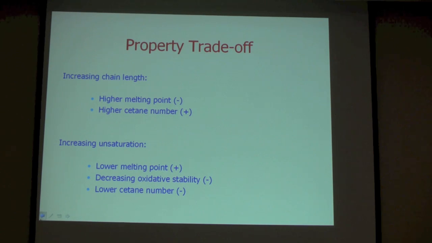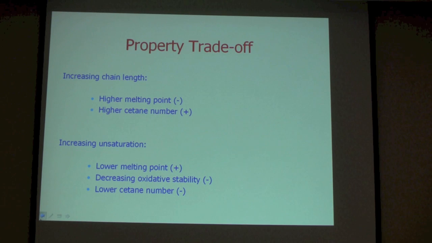Summarizing a little bit of what I've talked about, there's also a property trade-off. If you increase the chain length, you get a higher melting point, which is a negative because it can negatively affect your cold flow properties. If you increase the chain length, you get a higher cetane number, obviously a positive, with maybe some accompanying positive effects on some exhaust emissions.